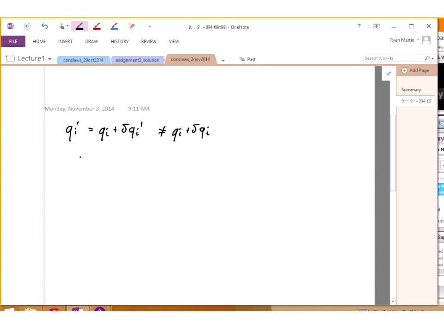So this delta Qi primed here is the normal delta Qi, which we've written as Fi delta epsilon, plus a Qi dot delta t, plus terms that are higher in order in delta Q and delta t. So it's simply a Taylor series expansion, taking into account that the Qi prime depends on both the Q's and T's.